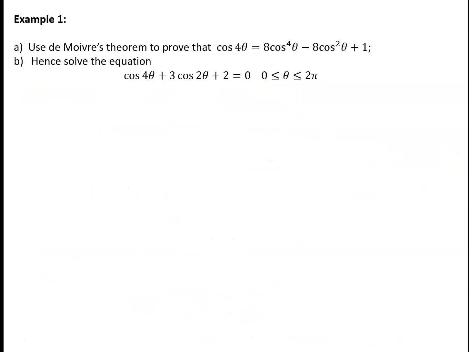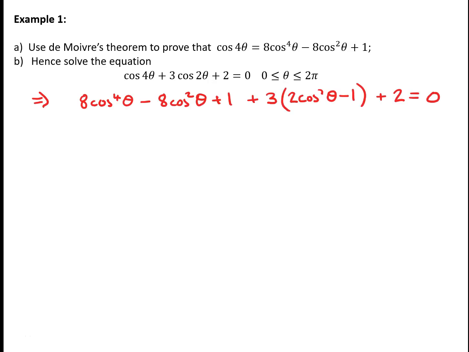So we've now got to solve the equation cos 4 theta plus 3 cos 2 theta plus 2 equals 0, and finding values between 0 and 2 pi for that equation. So, making use of what we've already just proved, we've got cos 4 theta can be replaced by 8 cos to the 4 theta minus 8 cos squared theta plus 1.